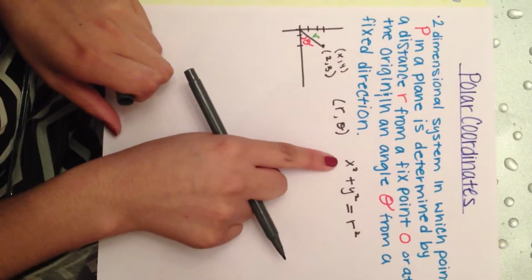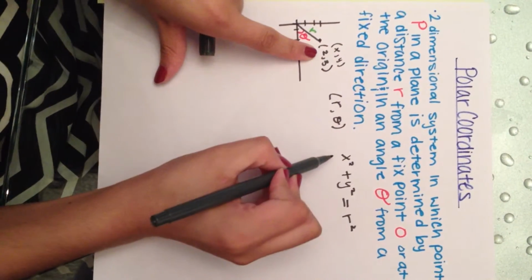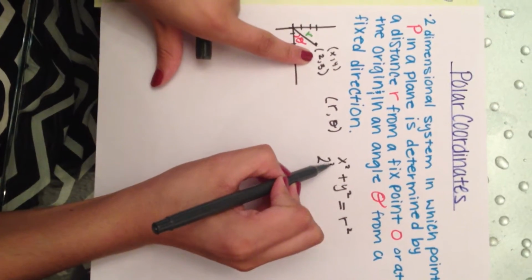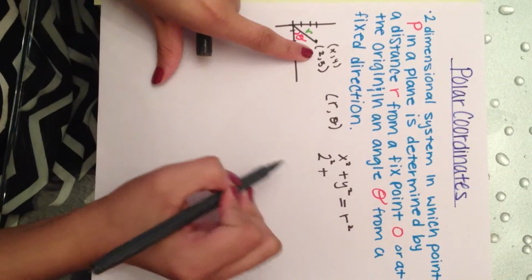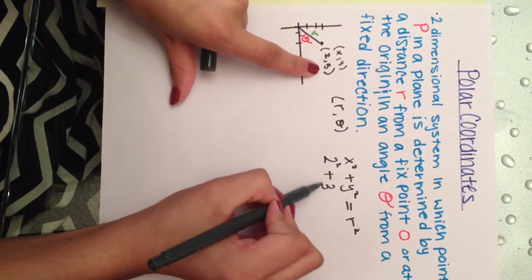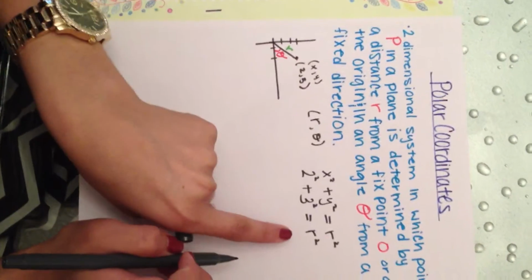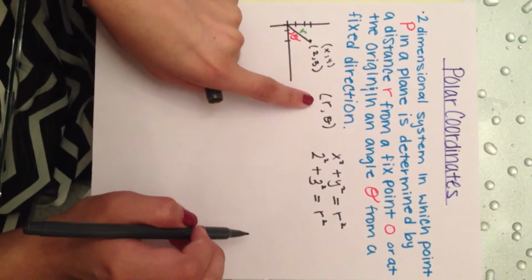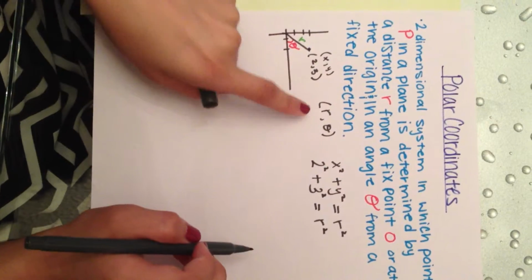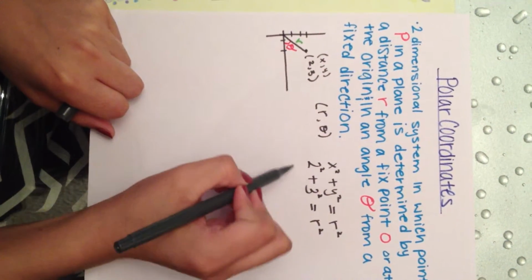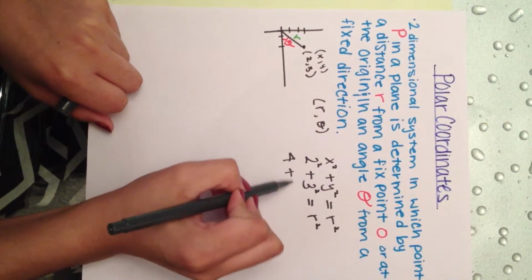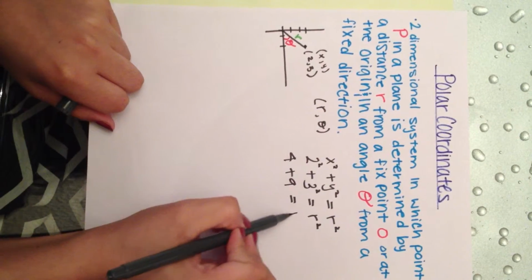We know that our x is 2, so we plug it in: 2 to the power of 2, plus 3 to the power of 2 equals r squared. And this is what we're trying to find, so we can plug it into the polar coordinates. So if we solve it, that will be 4 plus 9 equals r squared.